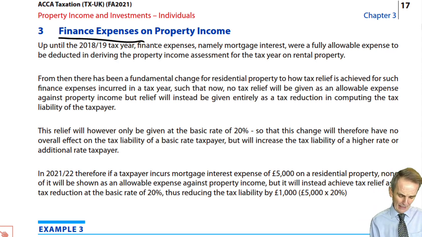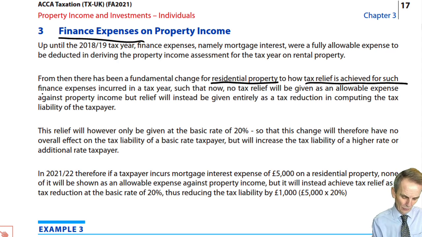As we said, up until 18/19, finance expenses, which was principally the mortgage interest, were fully allowable expenses, and they would be deducted in deriving the property income assessment. But now we have this fundamental change that is relevant for residential property. This applies to residential property, not to commercial property, on how the tax relief is achieved for such finance expenses.